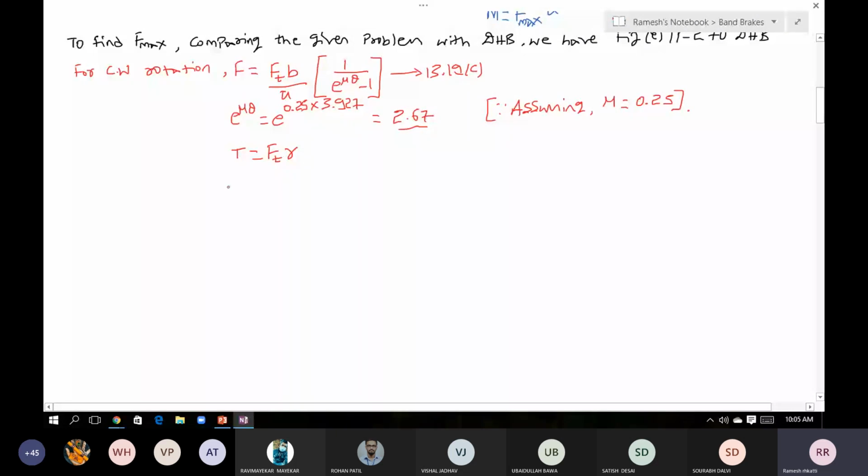We know that power is equal to 2 pi N T by 60. Substitute the power, given as 15 kilowatt: 15 into 10 raised to 3 is equal to 2 into pi into N, given as 720 RPM, into torque divided by 60.